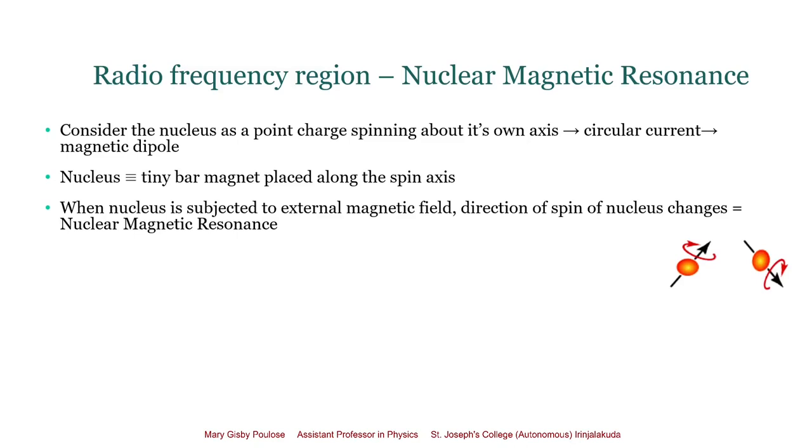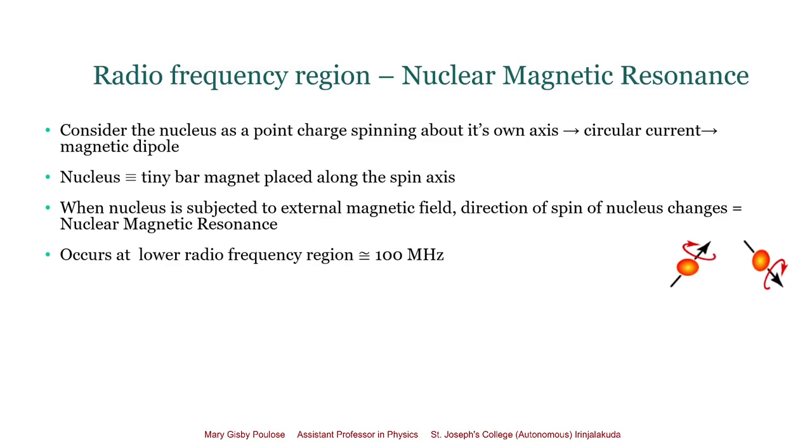Radiation is an EM wave, right? So, when an EM wave falls on the nucleus, the direction of the spin of the nucleus can change. If this was the initial direction of the spin of the nucleus, it can change. And this change is seen as the nuclear magnetic resonance phenomenon.